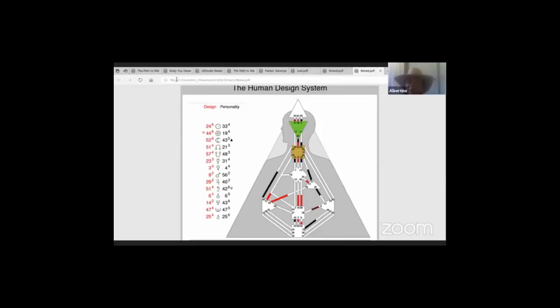The one that I like, because I have a lot of projected gates and channels from my head and ajna, is if you are part of a conversation and people don't ask you what you think, and you have something to say that would really make a difference because you see it in such a different way, I would really invite you to start saying, I'm seeing this really differently and I'm hearing things that are very different, and are you guys interested in hearing it?